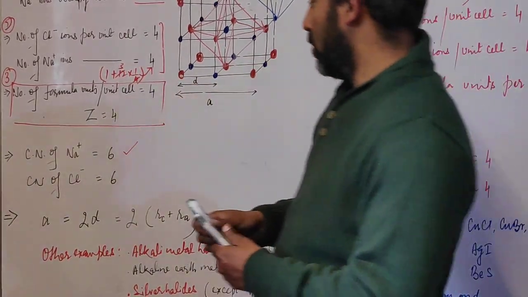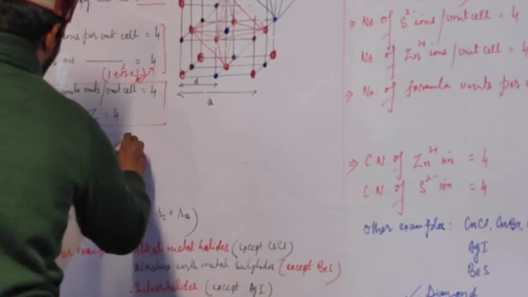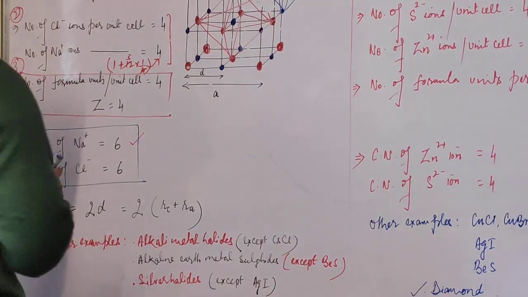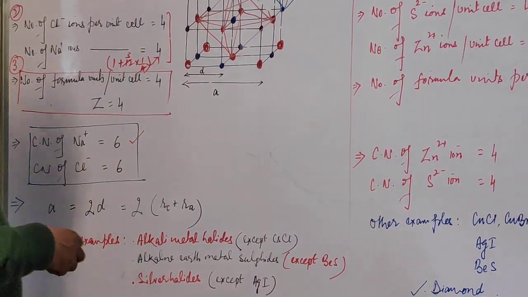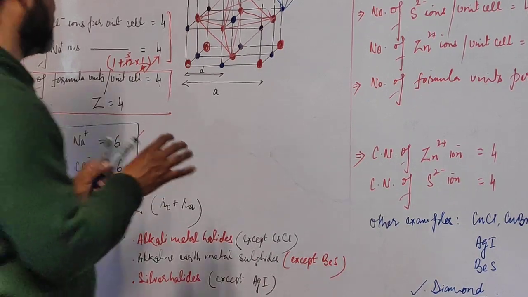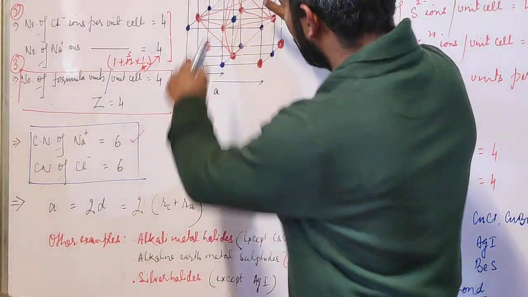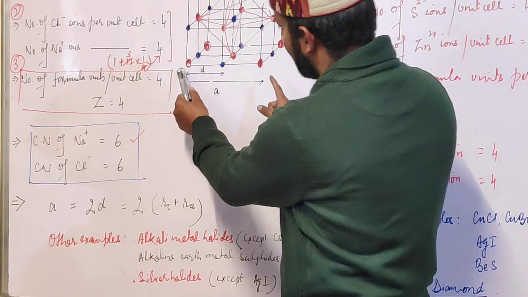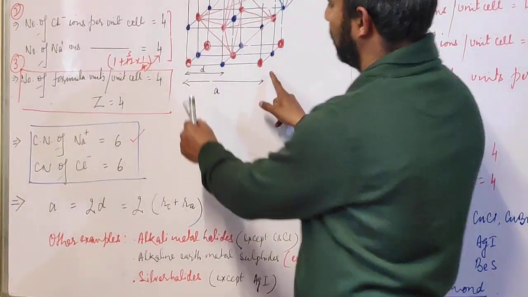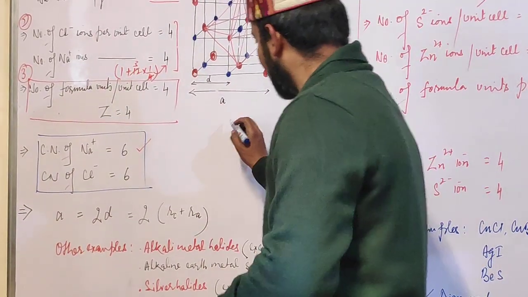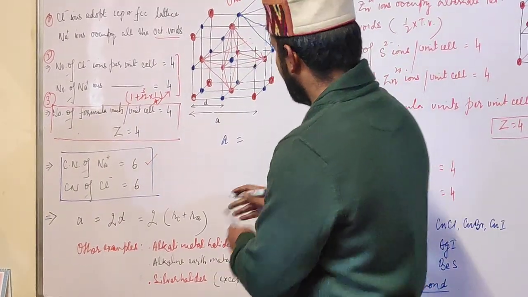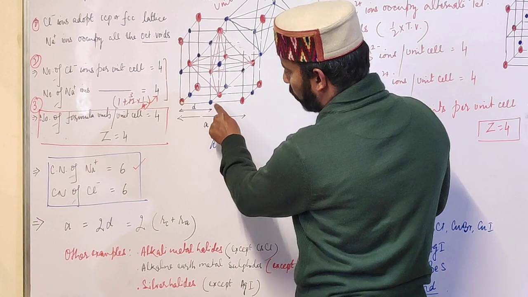Now students, a very important point about rock salt structure, which is asked very often in competitive exams in the form of numericals. Now students, see, this cubic lattice from here to here is the edge length of that cubic cell. Edge length is A. Now this is a chloride ion, this is a sodium ion.